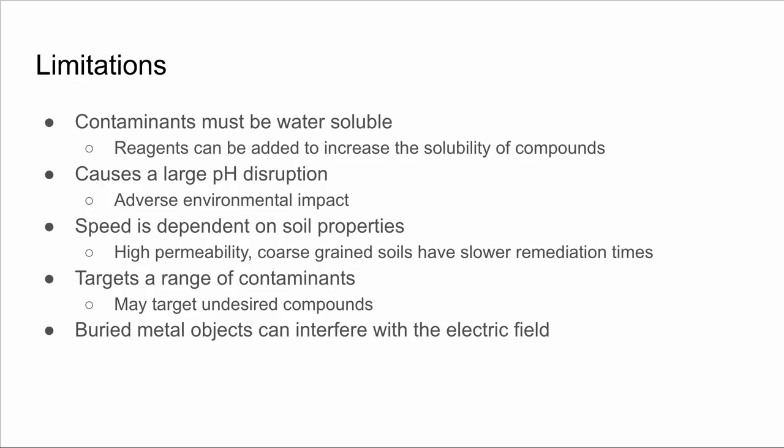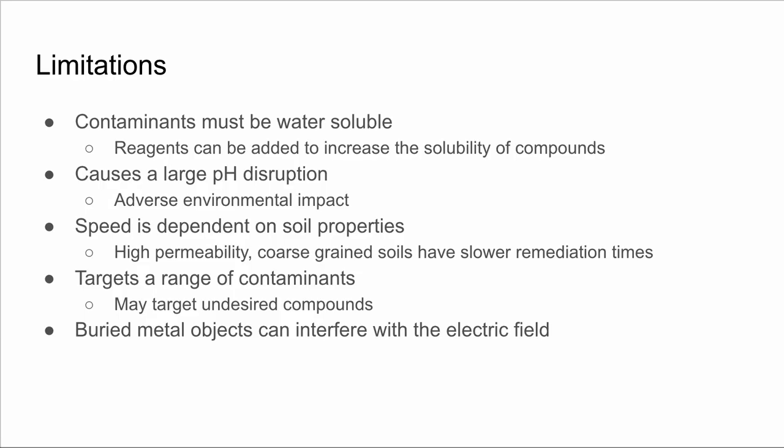Another big limitation comes with the tail end of this remediation process. A large pH disruption does occur to the site over the course of this remediation, since you have the water molecules splitting at the anode and cathode, so you'll have a basic and an acidic end of the pH spectrum that you're creating within the soil.